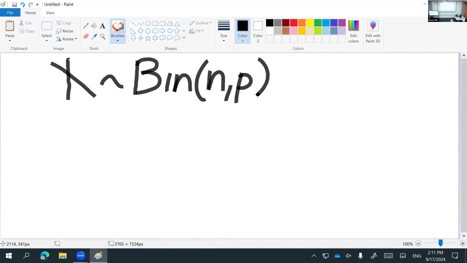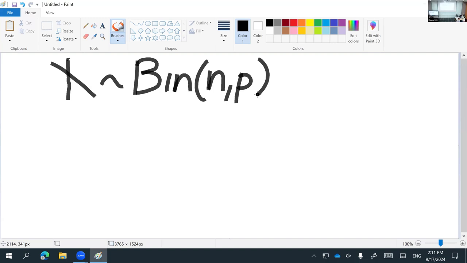Because a lot of events are summations of binary events. How do you make sales on a given day? You open your store, your customer comes in, he has a probability P of buying or not buying. Let's say that there are 100 people, each has a probability of buying equal to P. Now you can customize this so nobody has the same probability, but for modeling purposes, let's be simple.